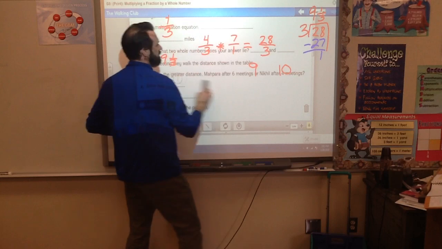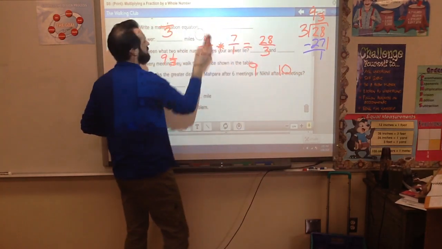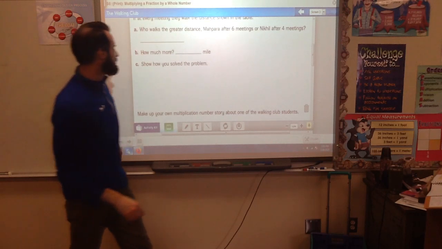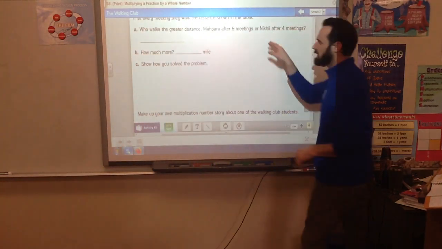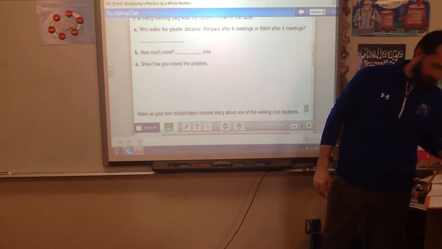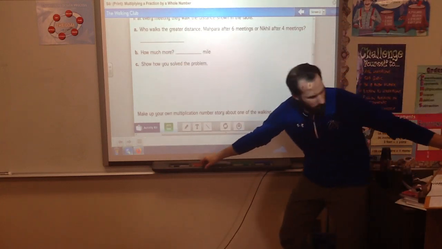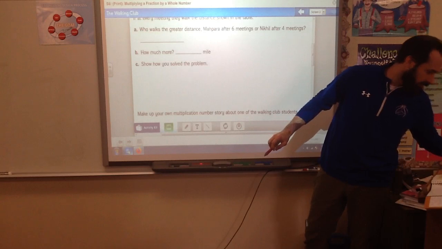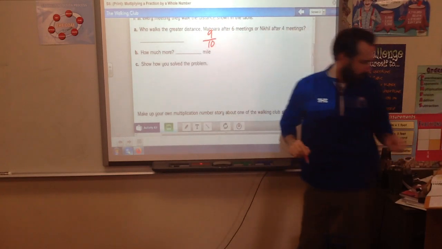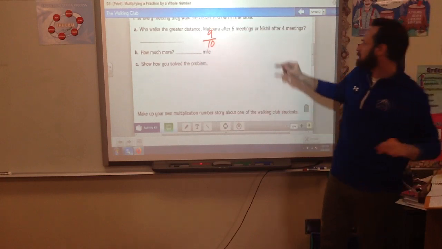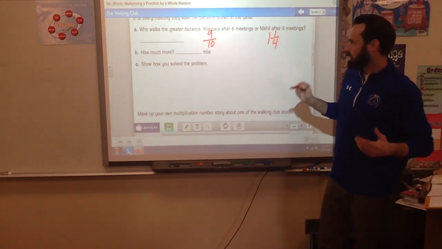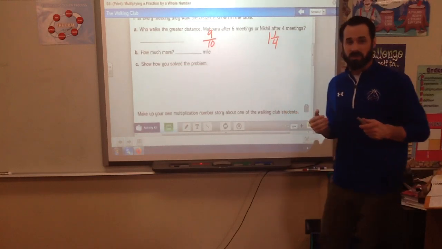This one we've got to figure out 2 different problems: Mapara after 6 and Nikhil after 4. So we look back. I've got Mapara, hopefully I'm saying that right, going 9/10 of a mile, and I've got Nikhil going 1 1/4 miles. So the first thing we have to do is multiply both of these.